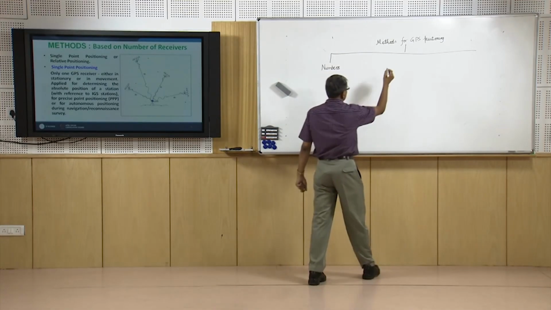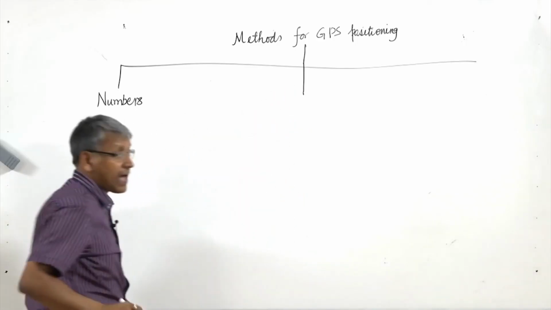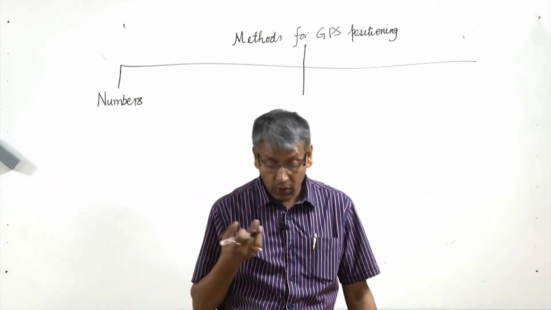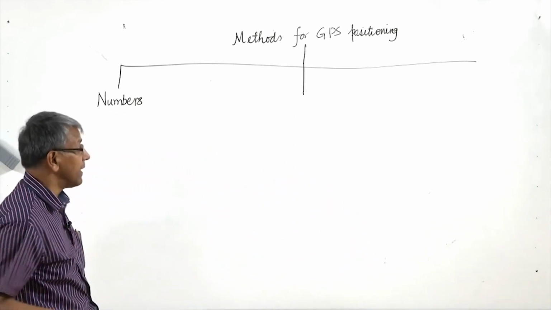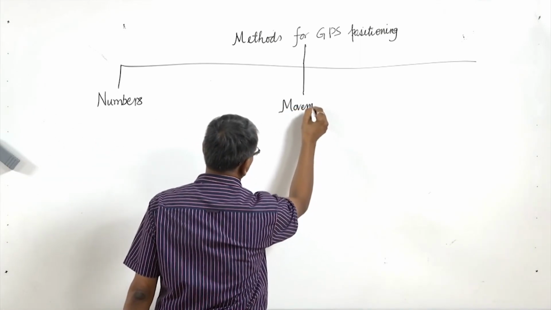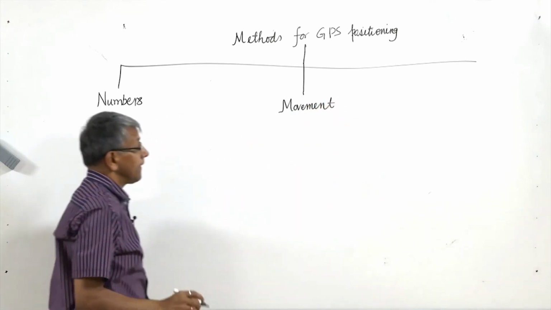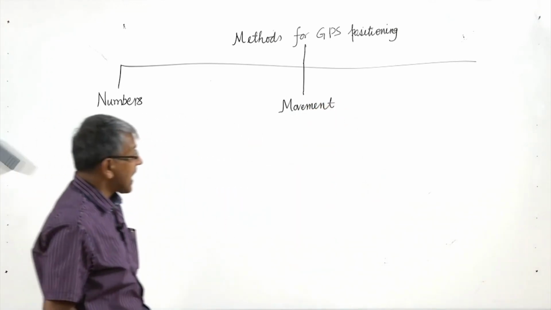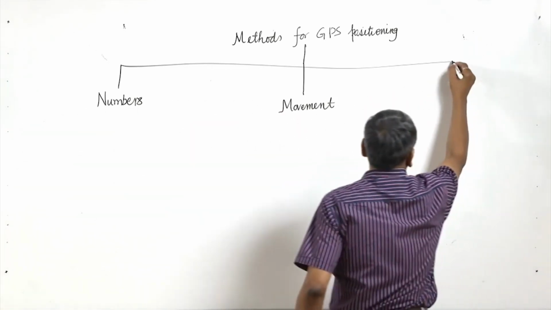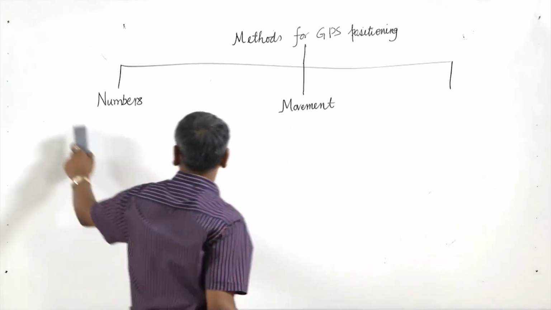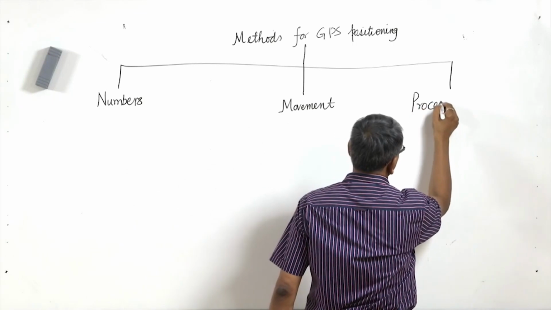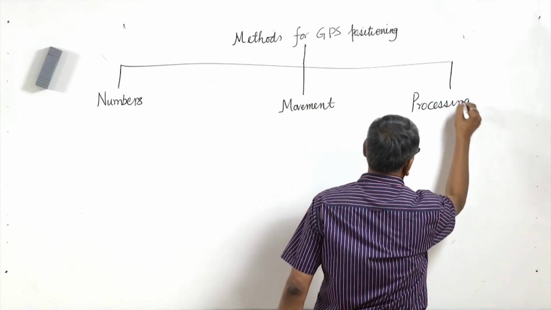Second, whether the receiver is in a static condition or in movement, depending upon the type of movement of the receiver we can classify the positioning methods. And third, depending upon the processing time.